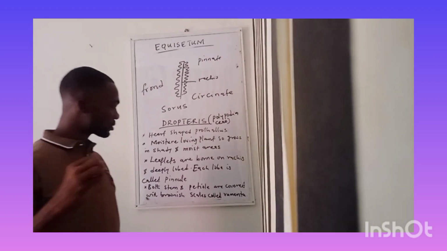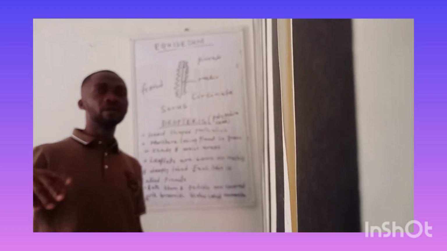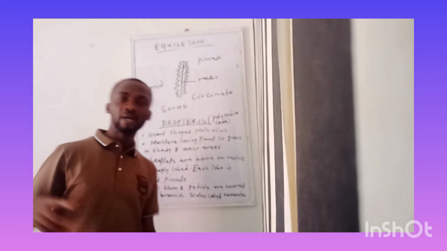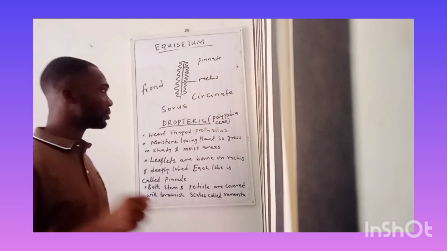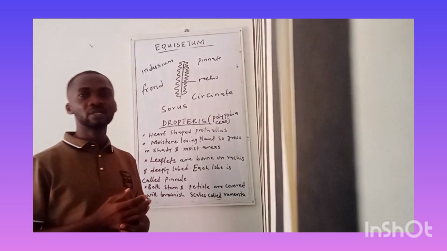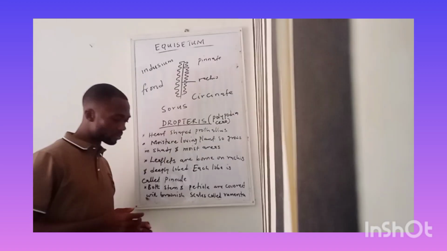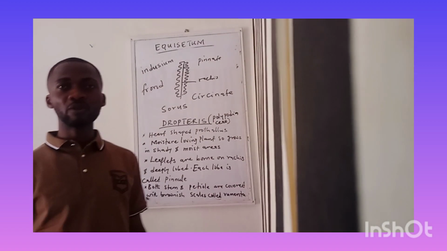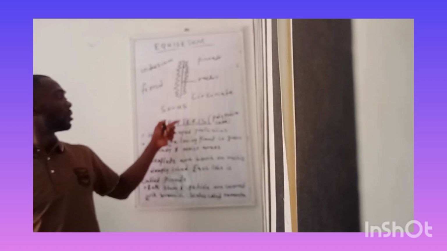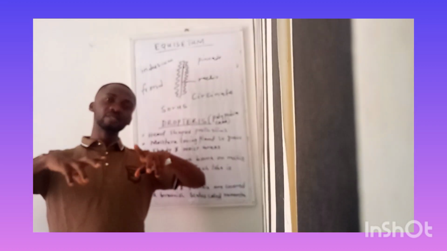Now, it is also important you note that the sporangium is covered by a shield called the indusium. The indusium is what covers the sporangium. And apart from the indusium covering it, the sporangium of Dryopteris itself is complex.